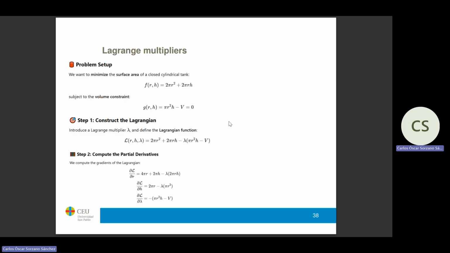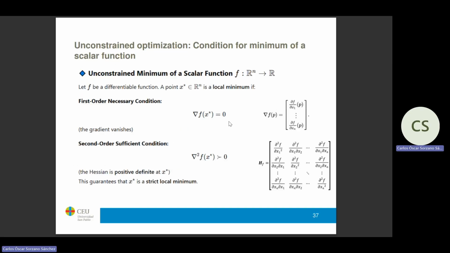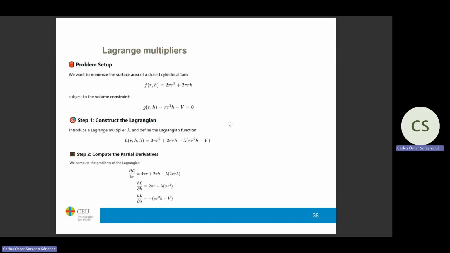Then we compute, so what was the first condition? The first condition was the gradient equals zero. Now the Lagrangian depends on three variables: the two variables r and h, and now it also depends on the lambda parameter.